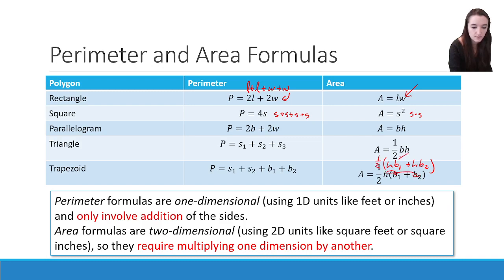So it's still only multiplying one dimension by another, which gets us a two-dimensional measurement using 2D units like square feet or square inches. So we require multiplication of exactly 2 dimensions to get that. Once we get to the chapter on volume, we'll see that we get 3-dimensional units once we multiply 3 dimensions together.